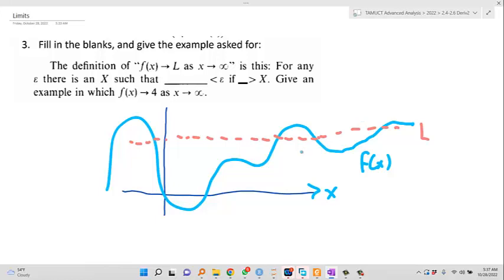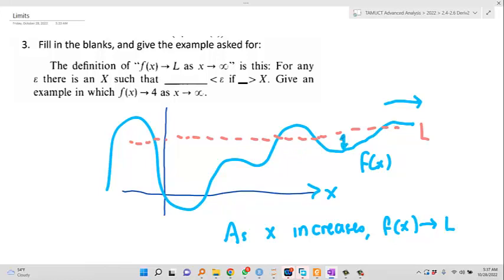Right, so what's happening here? As you go out this way, the function value gets closer to L. So as x increases, f of x gets closer and closer to L. So what does this mean? If f of x gets closer and closer to L, that means that the distance here gets smaller and smaller.